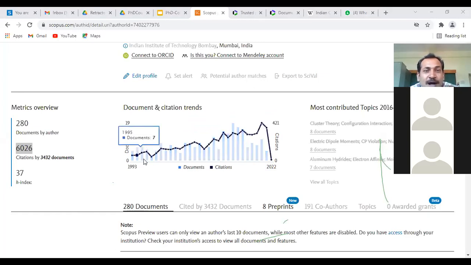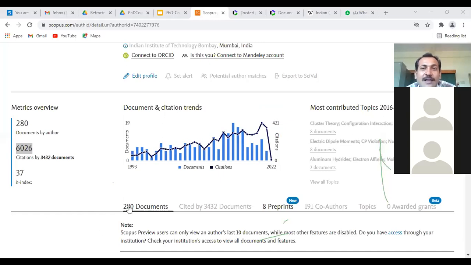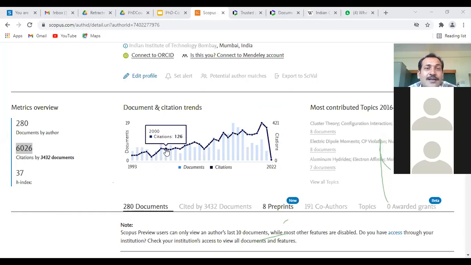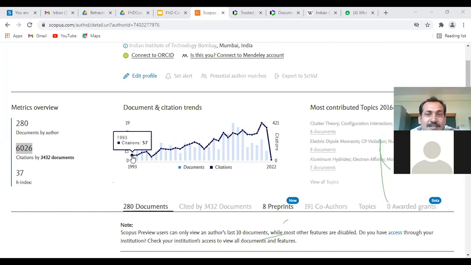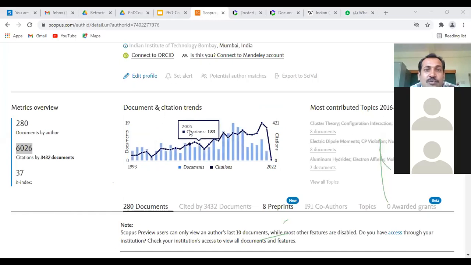The bar chart shows the number of documents published by the author, and this dotted line shows how many citations his research papers got in that year. So in the first year, his research papers got 57 citations, and in 2010, his research papers got 210 citations. So that we can understand.